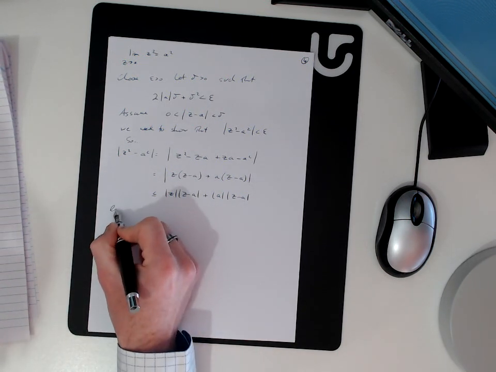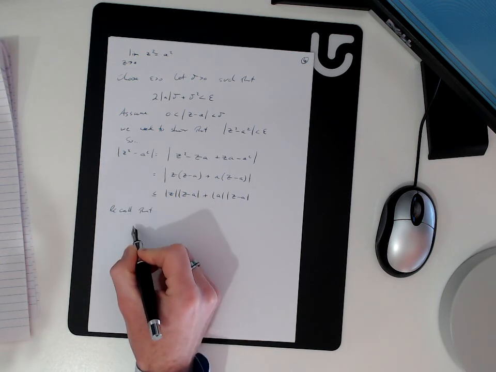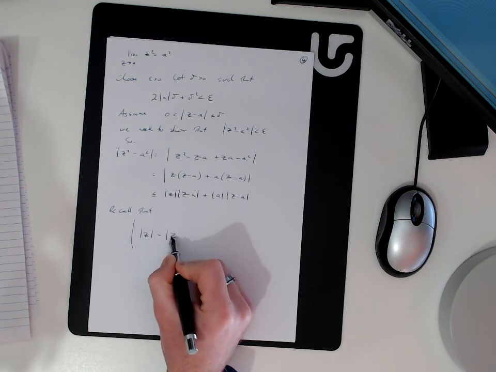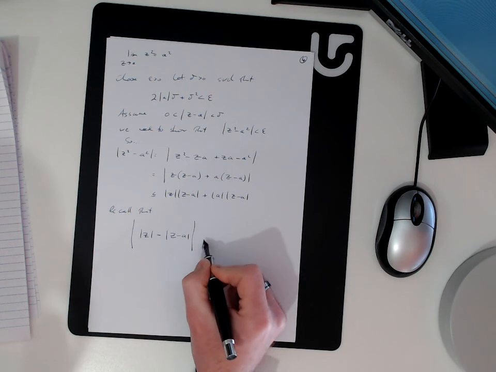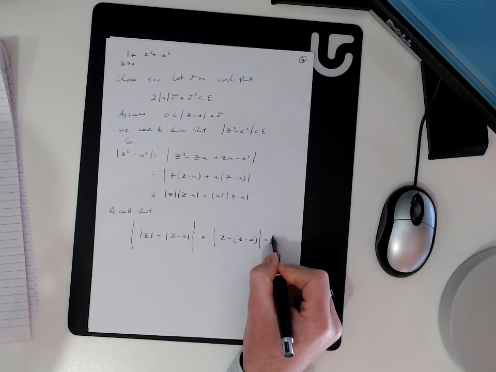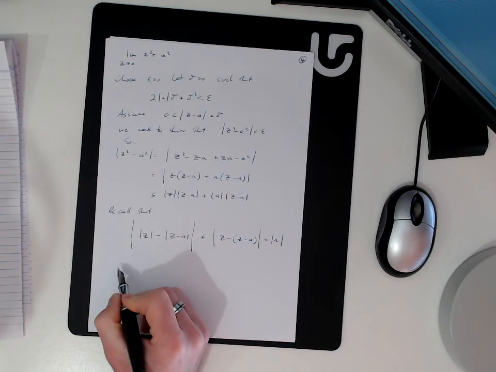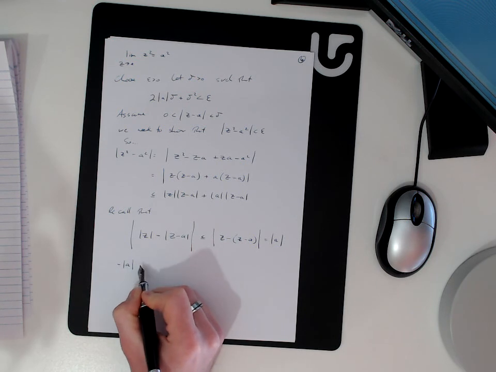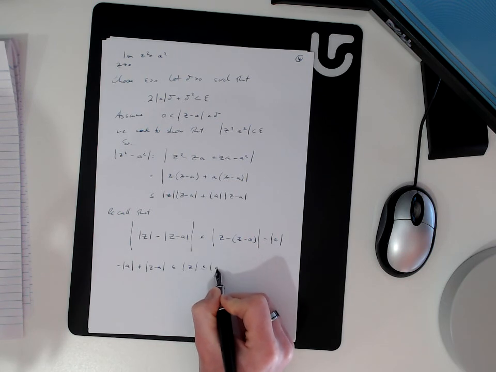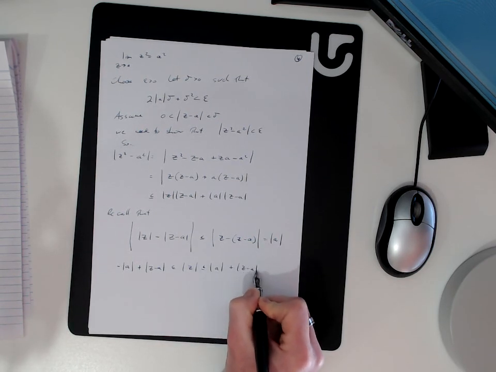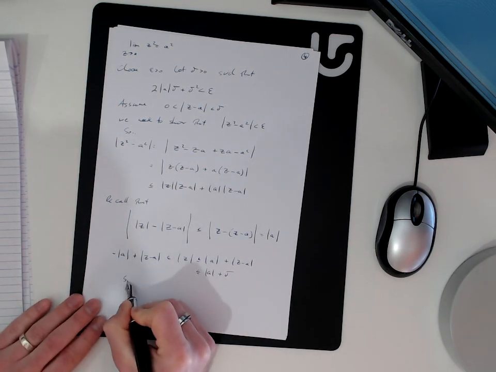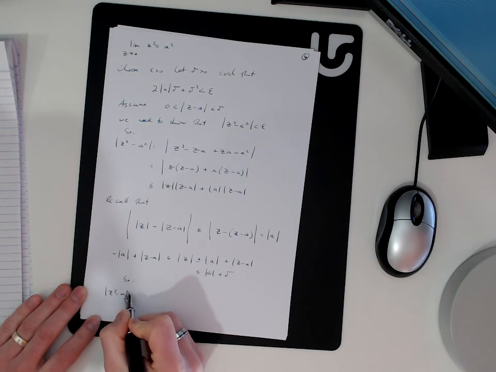So recall that the absolute value of the difference in absolute values between two complex numbers is less than the modulus of the difference of the numbers. So another way to write this out is that |a| − |z − a| is less than or equal to |z|, which is less than or equal to |a| + |z − a|, and that is of course less than or equal to |a| + δ. So |z² − a²|, let's put this together.